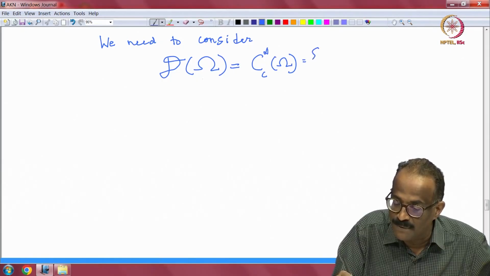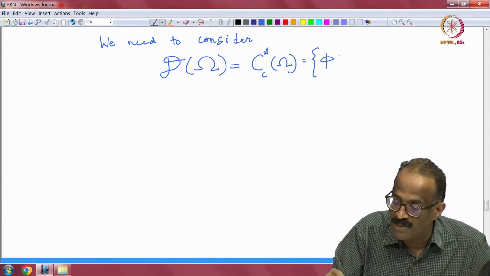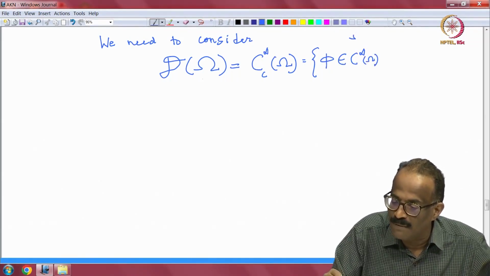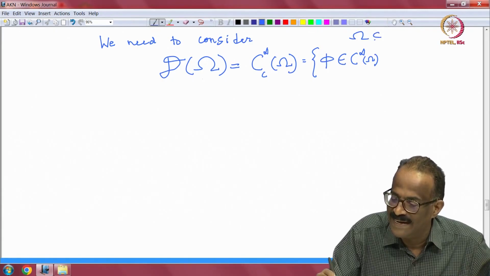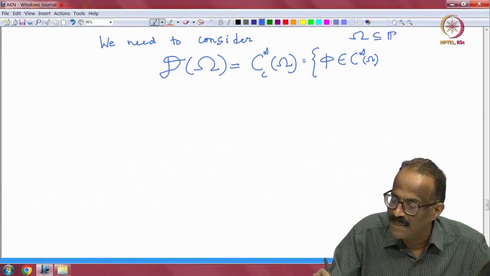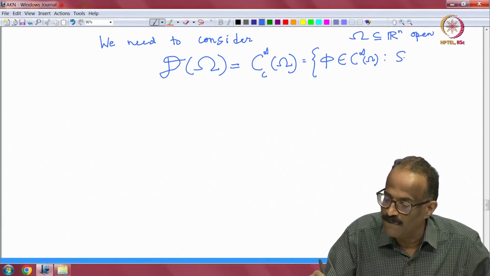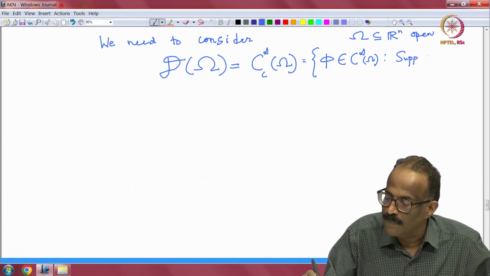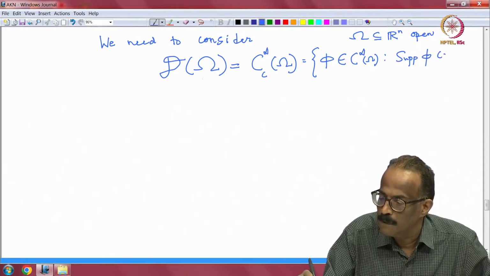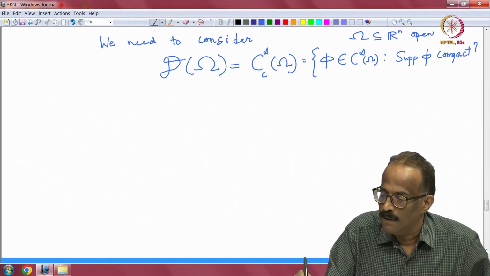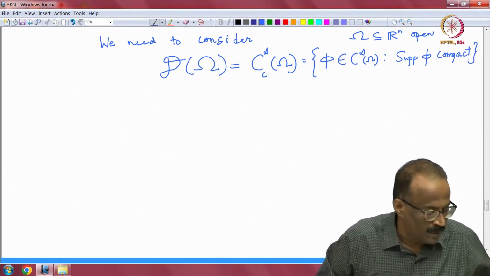So, you need to consider the set of all functions which are C infinity on omega, where omega in R^n is open, such that the support of phi is compact. We have studied this in detail in our preliminaries.